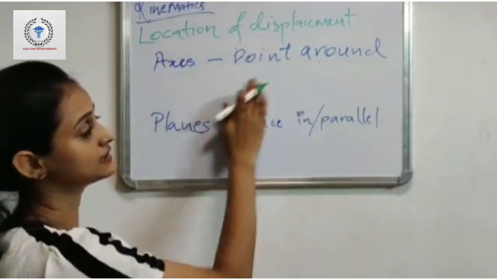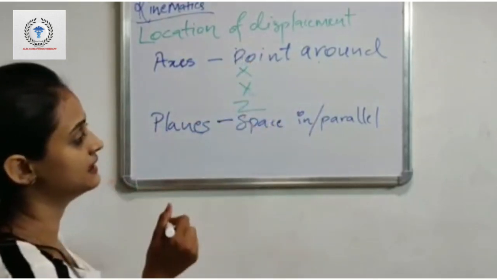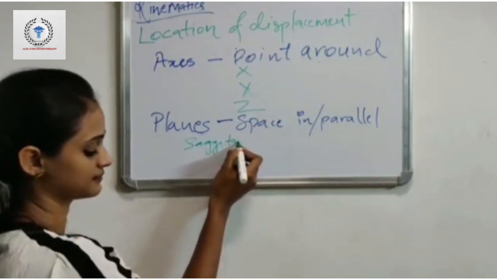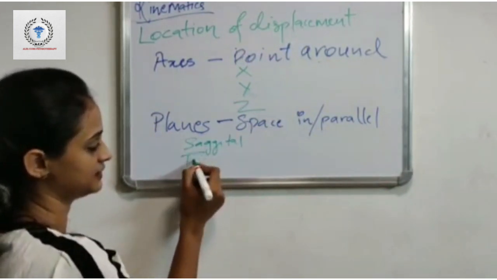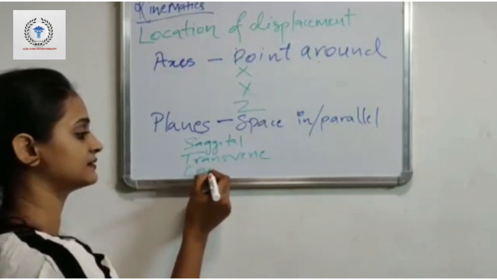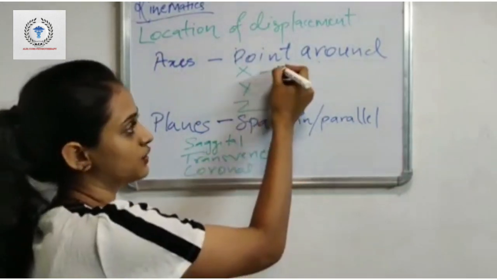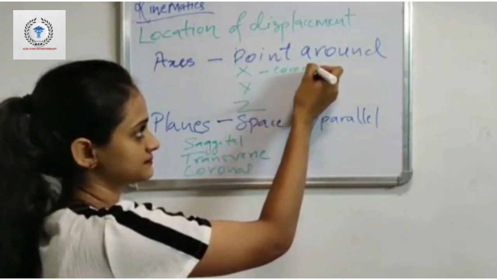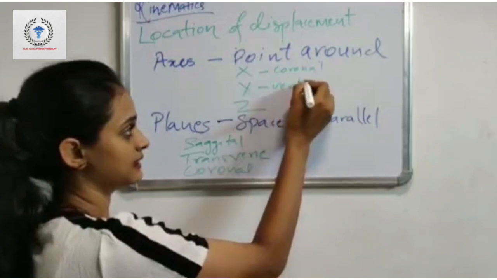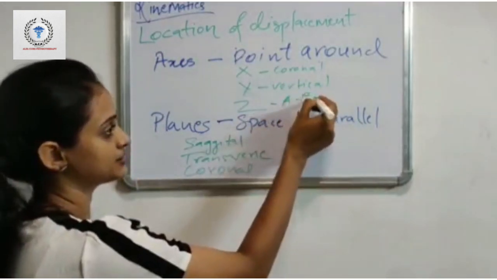Now there are 3 axes, x, y and z, and there are 3 planes: sagittal, transverse and coronal. The x axis is called the coronal axis, the y axis is called the vertical axis, and the z axis is called the anterior posterior axis.